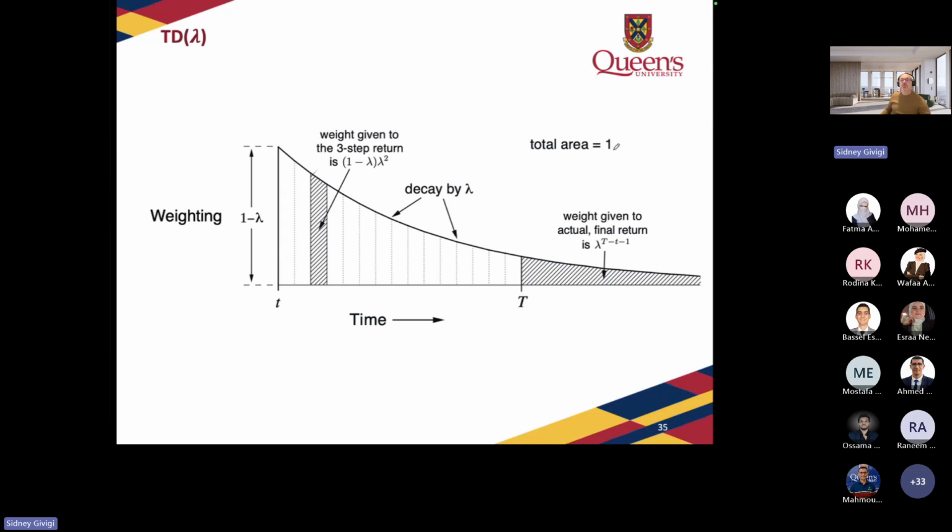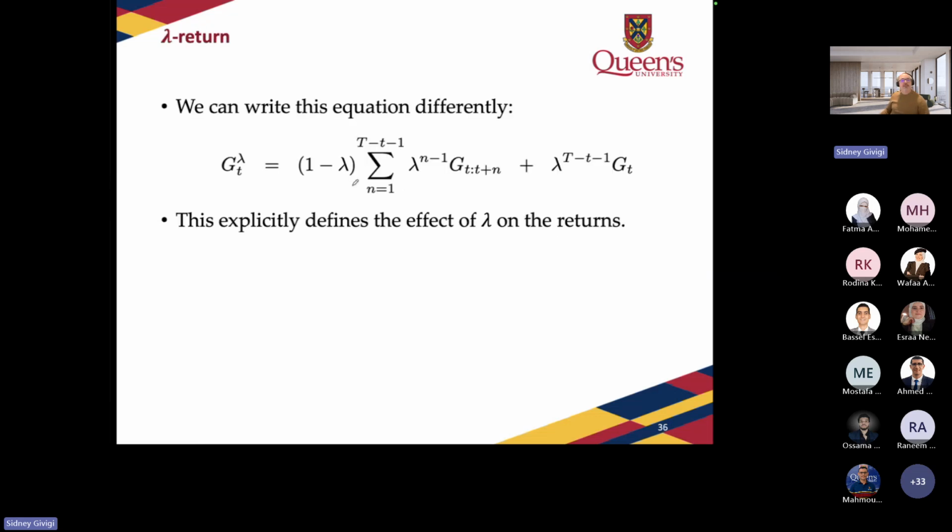It's the same thing. So we can write this in terms of all these returns, and we can actually see what the effect is. Because now if we consider a terminal state, this is going to be the weight for the terminal return, and this is going to be the weight for each one of the other returns that we have.